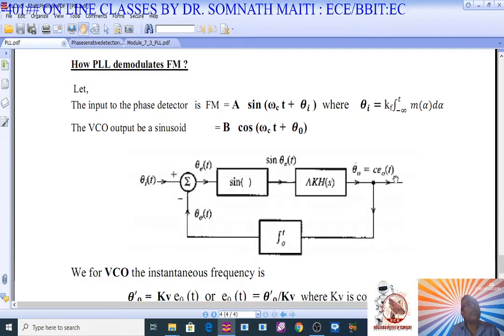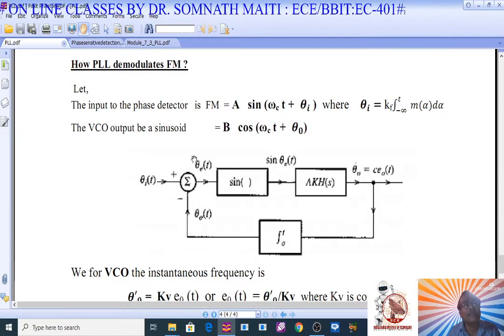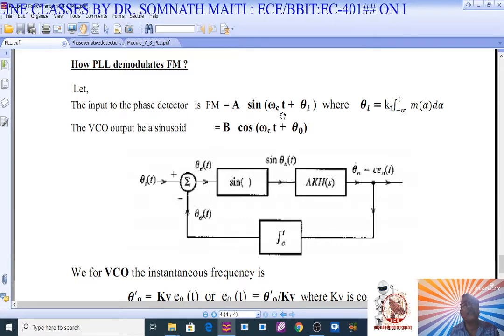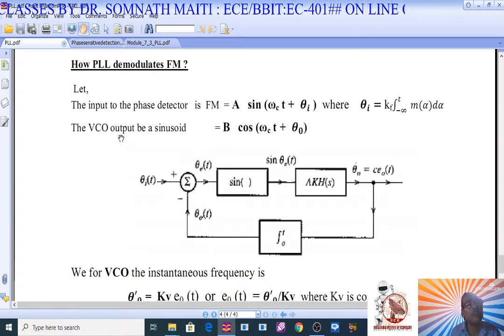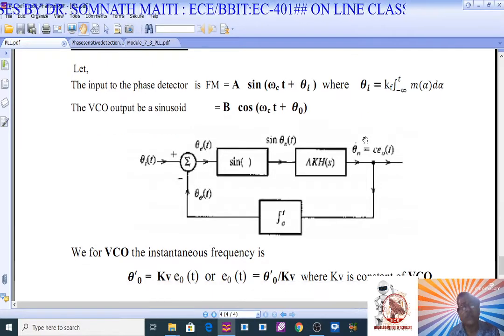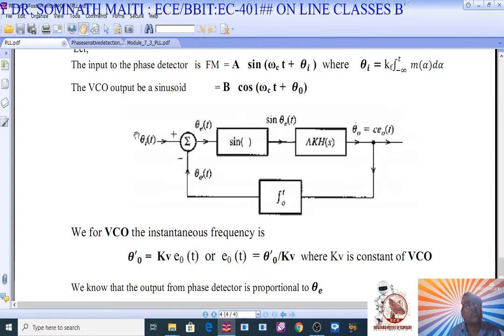Finally, how does a PLL demodulate FM? Let the input to the phase detector be FM, A sin(omega c t + theta i), and the VCO output be a sinusoid B cos(omega c t). Since it is a phase lock loop, we are considering only the phase part.